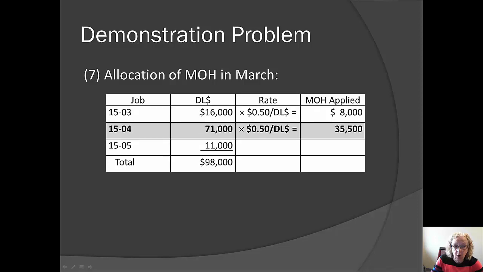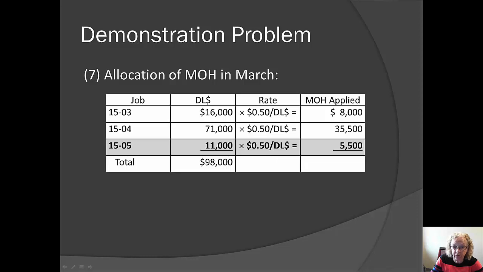Similarly, for job 104, $71,000 of labor times 50 cents per labor dollar says assign $35,500 of overhead to that job.